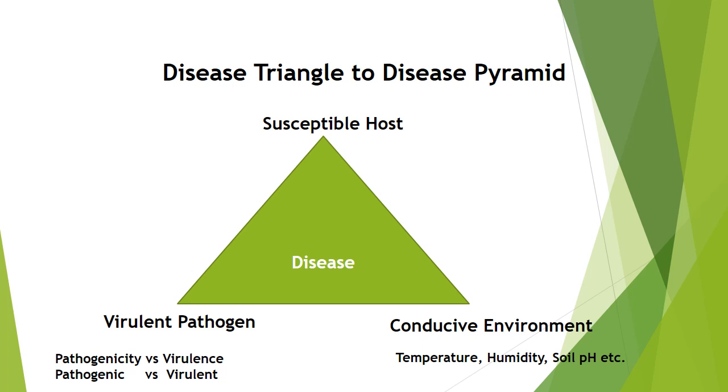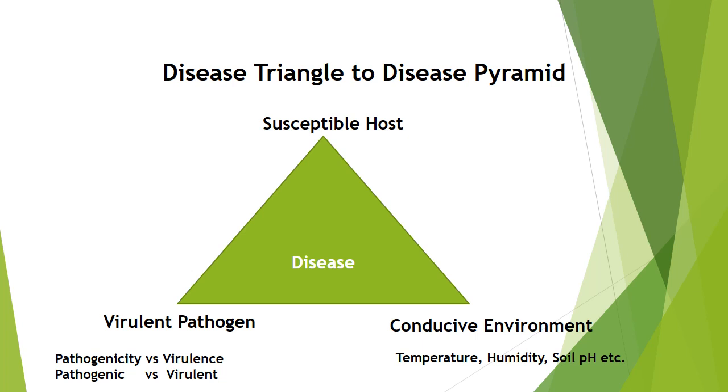But I also want to clarify, there are two other terms we usually see in every pathology book or literature, and these are pathogenicity and virulence. These terms are usually used interchangeably, but we must have a very correct idea about them. Pathogenicity is the ability of a pathogen to cause disease, and from that the word pathogenic arises.